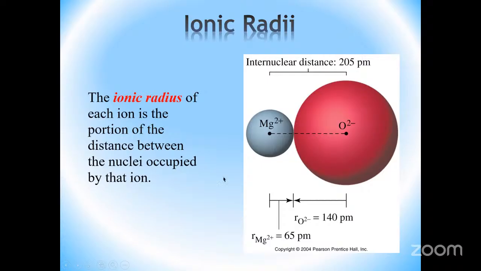For magnesium oxide, the distance between the two nuclei is 205 picometers. The radius of the magnesium ion is 65 picometers, and that of the oxide ion is 140 picometers. Those two add up to an internuclear distance of 205 picometers.